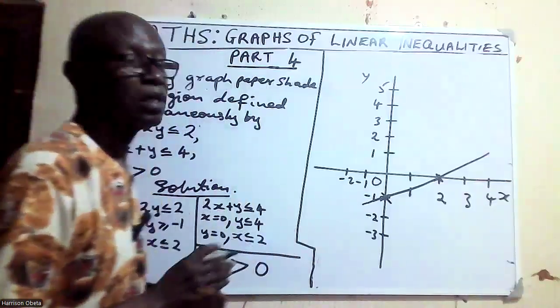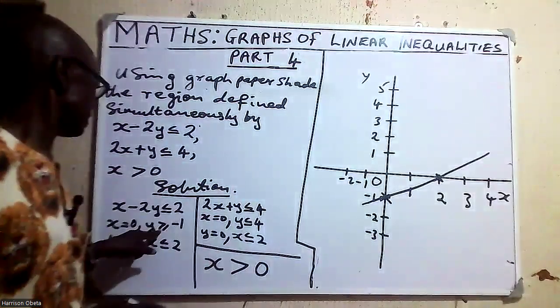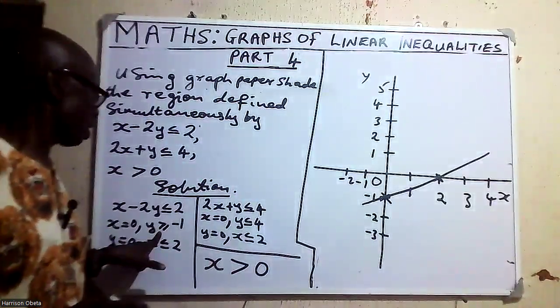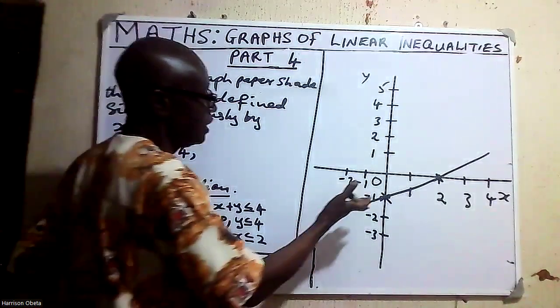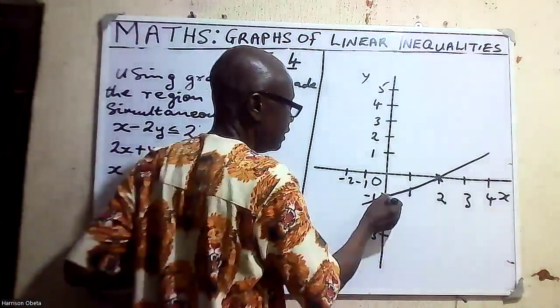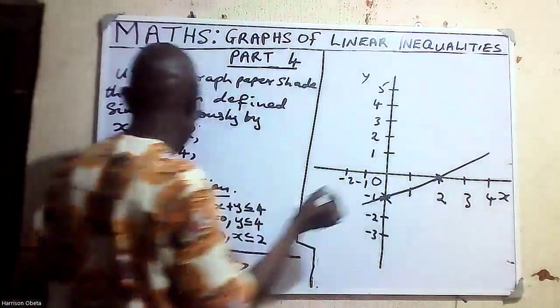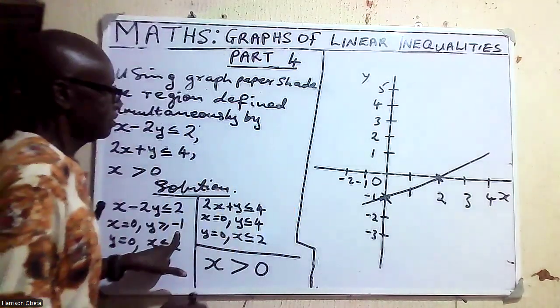And then, again, you have to check. This one said y is greater than or equal to minus 1. Is it at the upper part of the line or lower? Anything at the upper part is greater than or equal to this. But anything below is less.